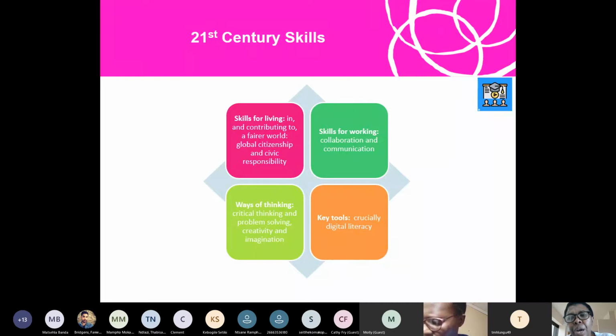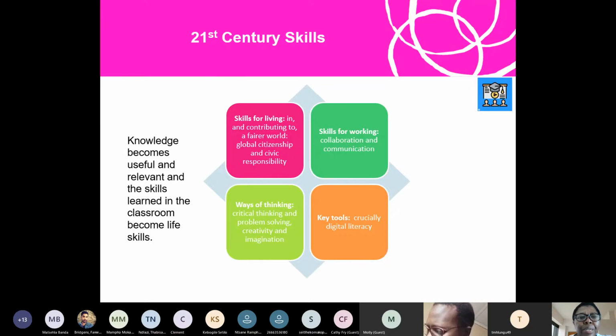The tool that we are going to be talking about, which is very, very crucial, is digital literacy. And you have seen that COVID-19 has accelerated the importance of that tool, because for the past 4 weeks, we have been relying on digital literacy in ensuring that we build the partnership.